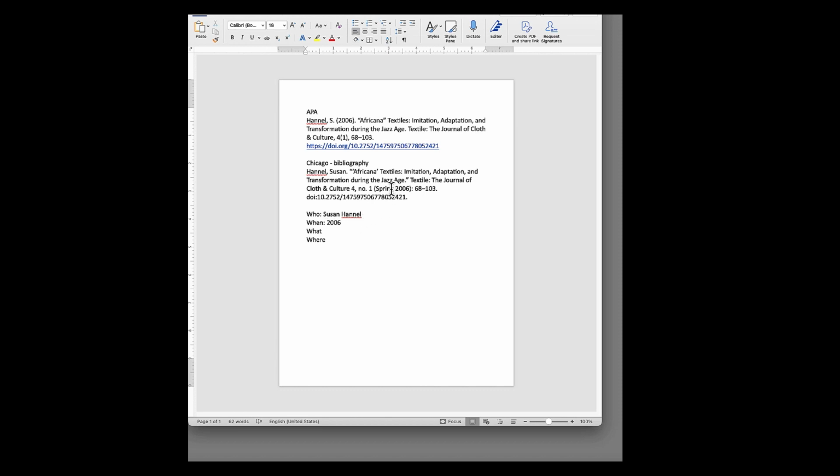And this part is important for Chicago, not so important for APA. The whole point is that you're leading the reader back to the source that you looked at. The what, that's going to be the title of the article or book, and the where is going to be the title of the journal, or if it's a book, it'll be the publisher.